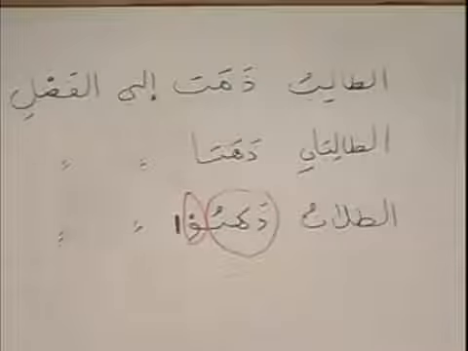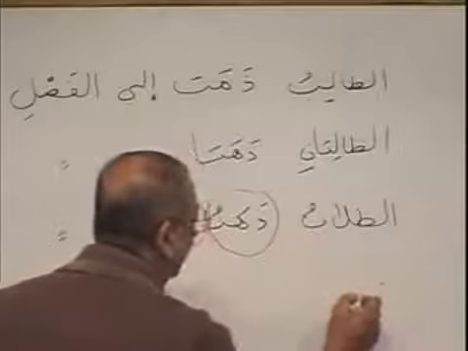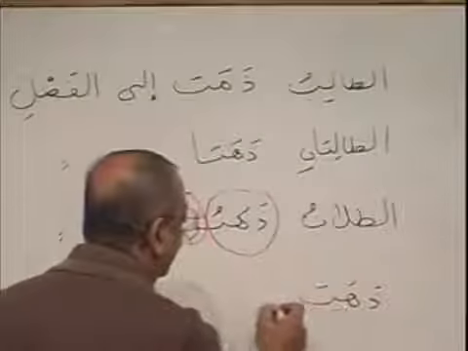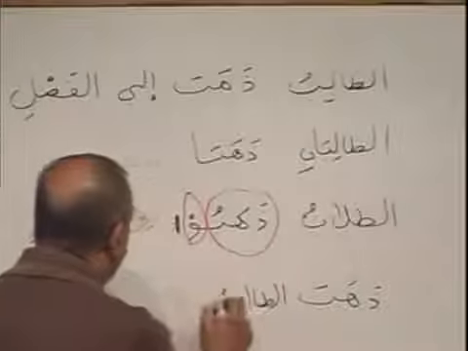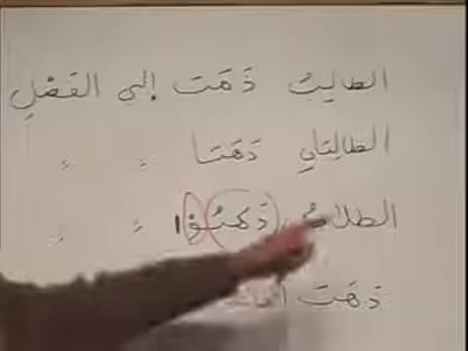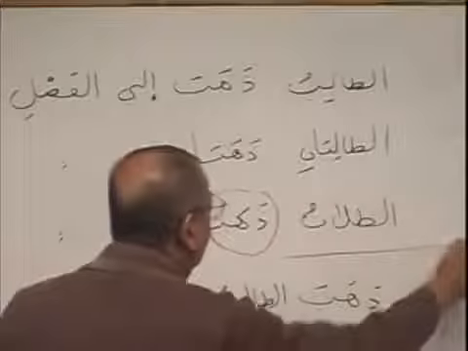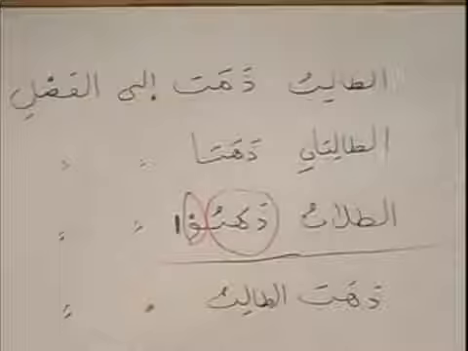Fine. Now we change it, brother. So I say to you, zahaba talibu ilal fasli. What kind of a sentence is this now? What kind of a sentence was this? Jumla ismiya. Now we start straight away with jumla fi'liya.